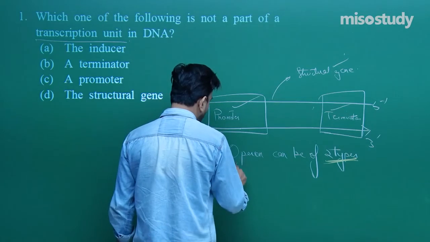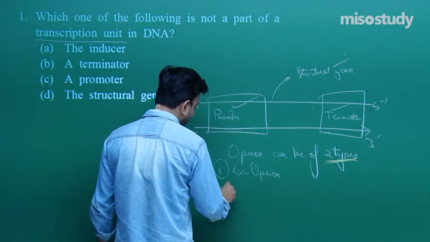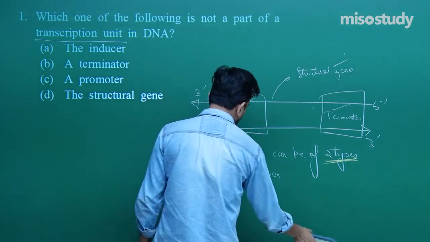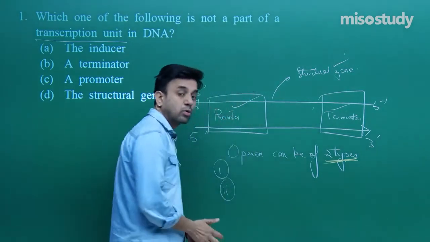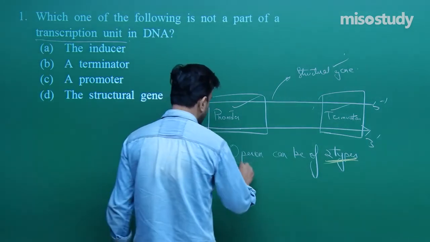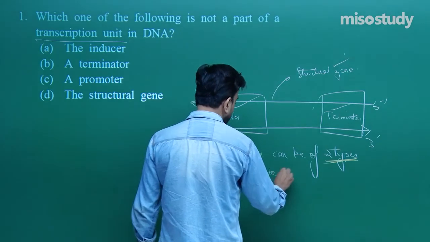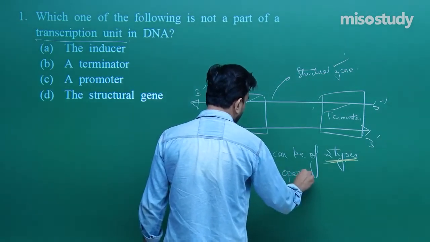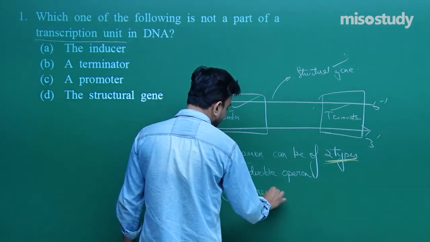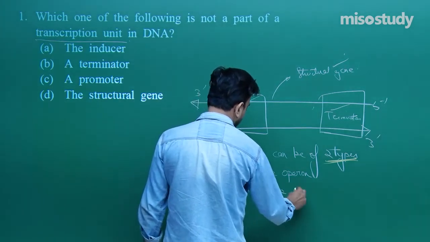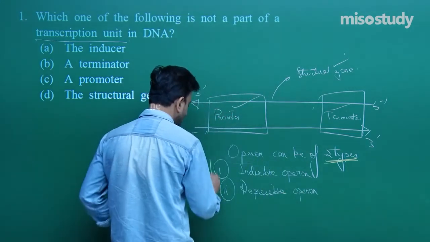One is the inducible operon and the other one will be the repressible operon.